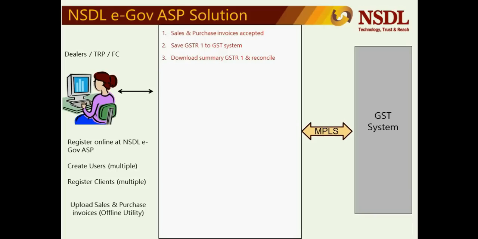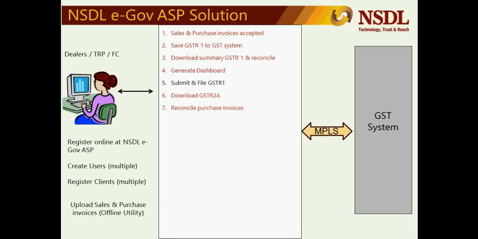It will download the summary of GSTR1 and reconcile it for you, and it will generate your dashboard automatically. So all the steps highlighted in red are automatically done by the NSDL eGov ASP portal without any intervention from the user. Only thing which you need to do is submit and file your GSTR1 returns.